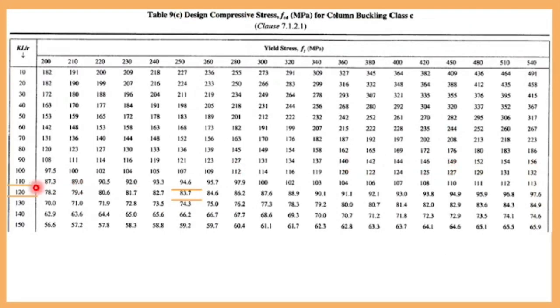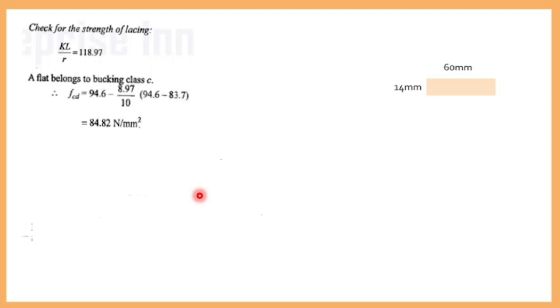What is your value? 118. For 110, you have 94.6. For 120, you have 83.7. Now you can find for 118. Your answer will be 84.2. Now you can multiply this fcd into area.